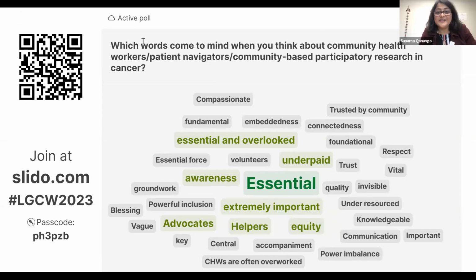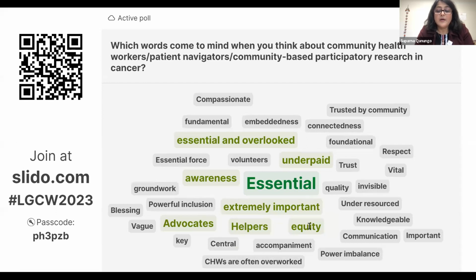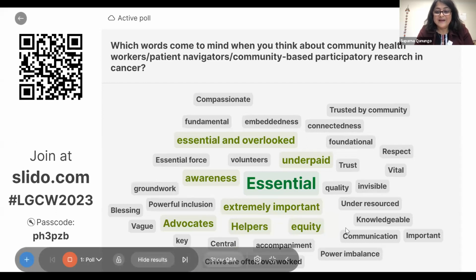I can start. From our experience, what we have seen, you are absolutely correct. A few things: for any workforce, whether it's community health workers or anyone, in order to avoid burnout, of course you can't decrease the workload.